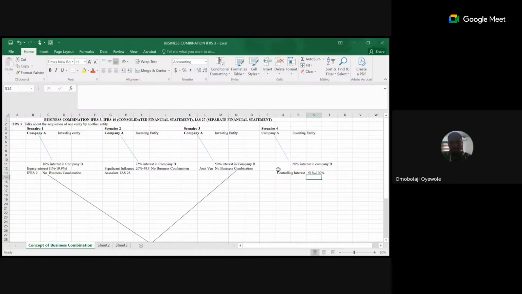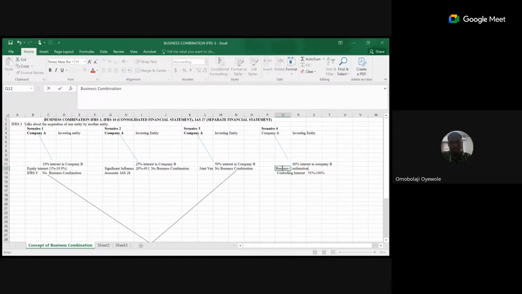And controlling interest will lead to a business combination. So in scenario 4, there is a business combination. Why is there a business combination? Because there is a controlling interest. So any time there is lack of control in any investment, it does not lead to a business combination.